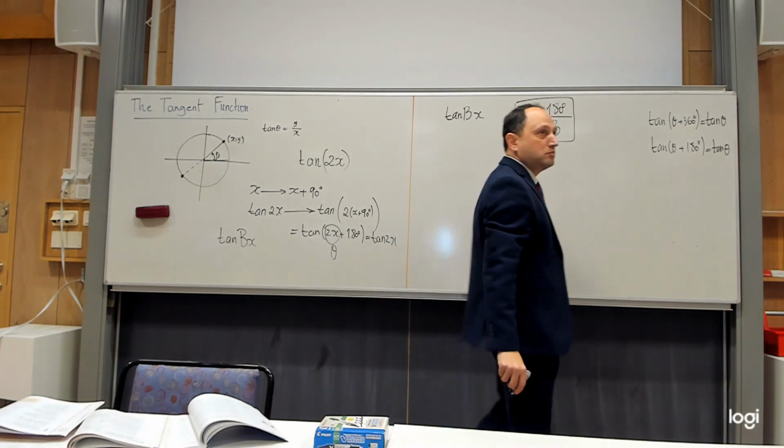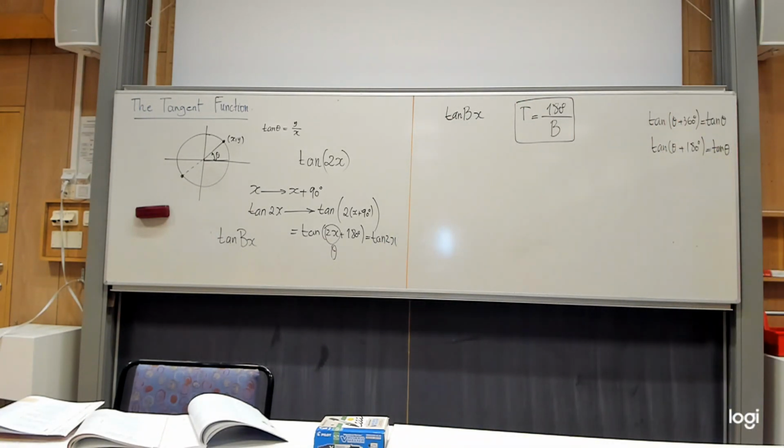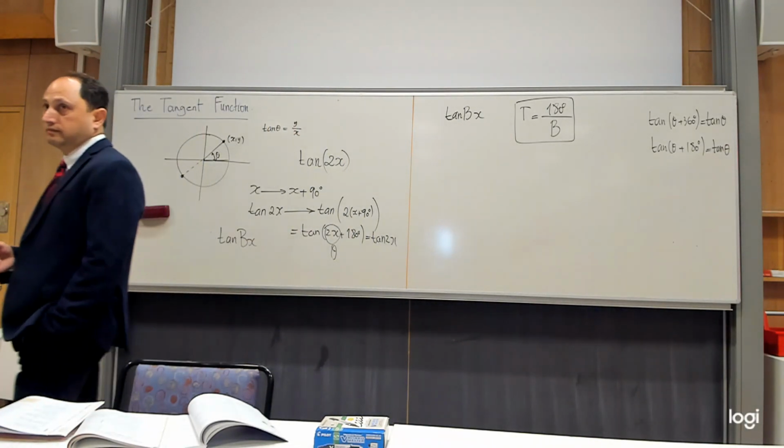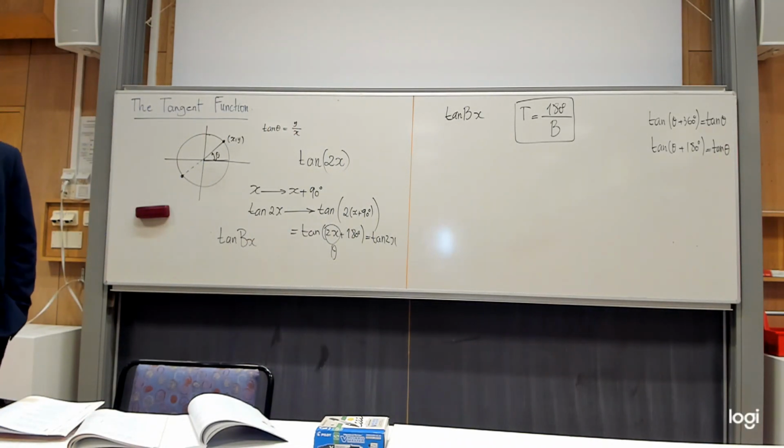But there is also another main difference between sine and cosine function and the tangent function that we haven't mentioned so far. Can you think about it? Anyone else?